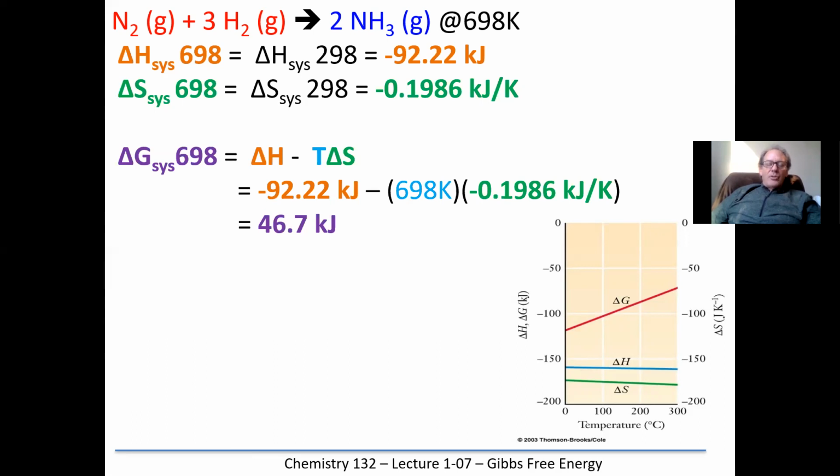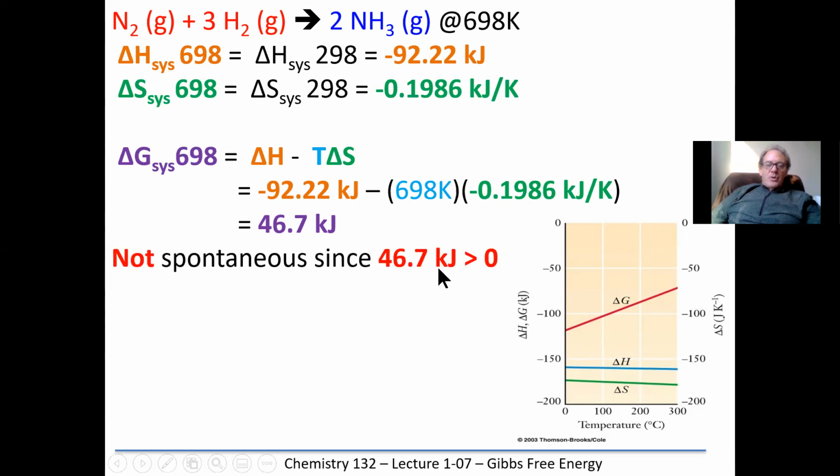Most chemical reactions usually work better at a higher temperature. Well, not an endothermic process. In this particular case, it doesn't. The higher temperature actually slows down the reaction. In fact, it stops its spontaneity. So it's non-spontaneous at 698.